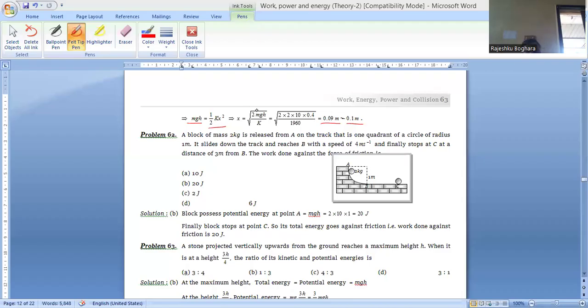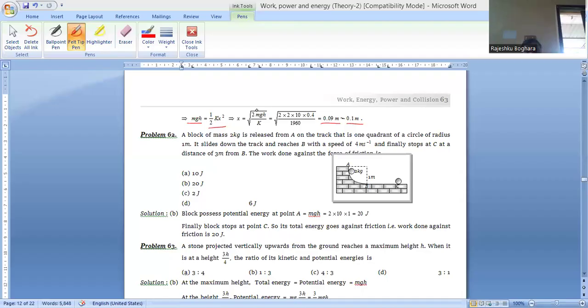Next, now derive position at time t. Now here we derive x, means position. v is equal to dx by dt.